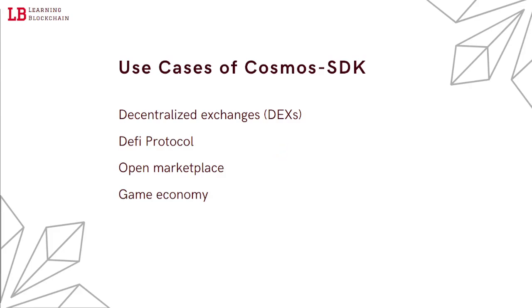Some use cases within the Cosmos SDK, well, most of the use cases are mostly the same as blockchain in general, with the additional component of this interoperability and secure communication between chains. We can build decentralized exchanges, DeFi protocols, open marketplaces, and a game economy.